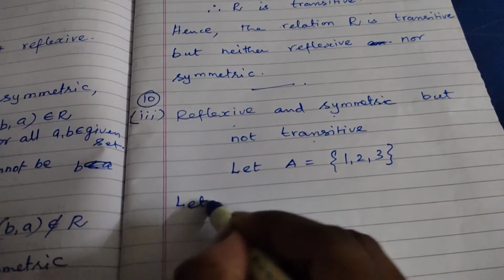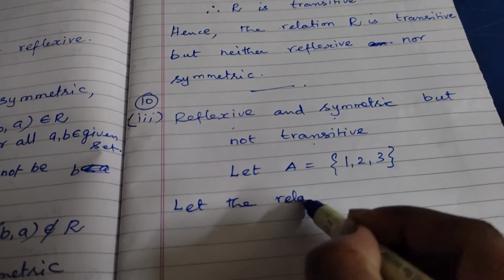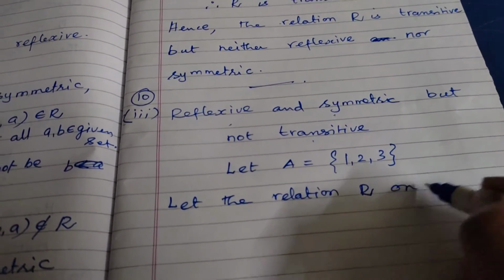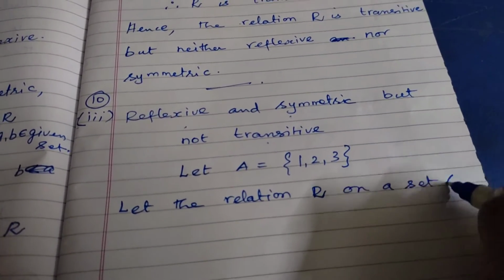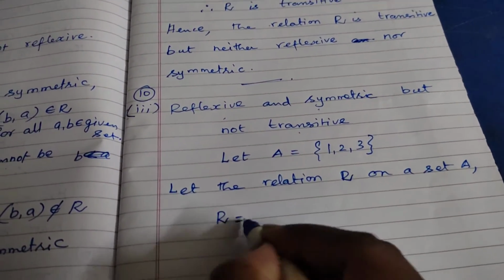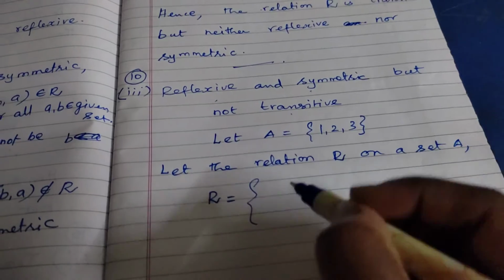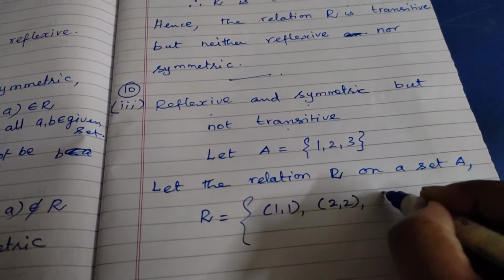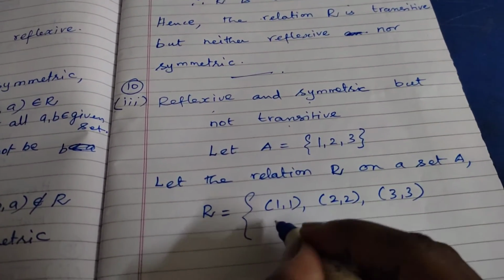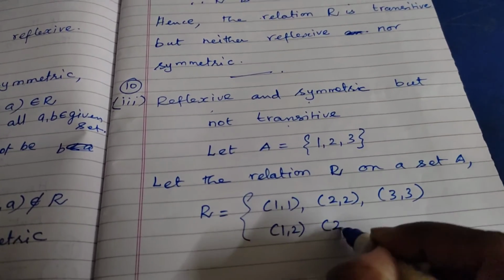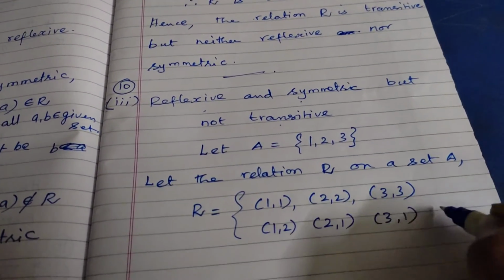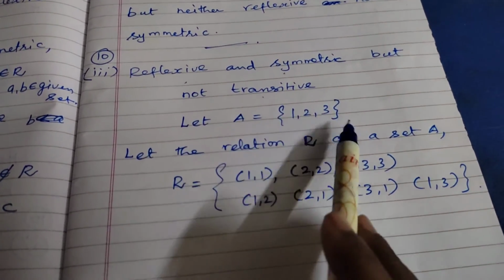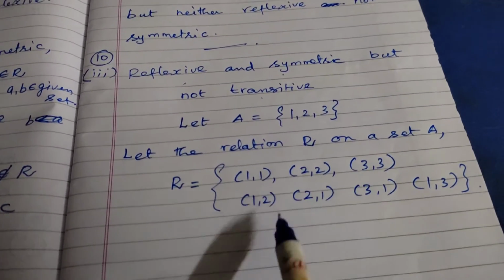Now let the relation R on the set A be equal to the pairs (1,1), (2,2), (3,3), and another set of pairs (1,2), (2,1), (3,1), (1,3). This is the relation here.